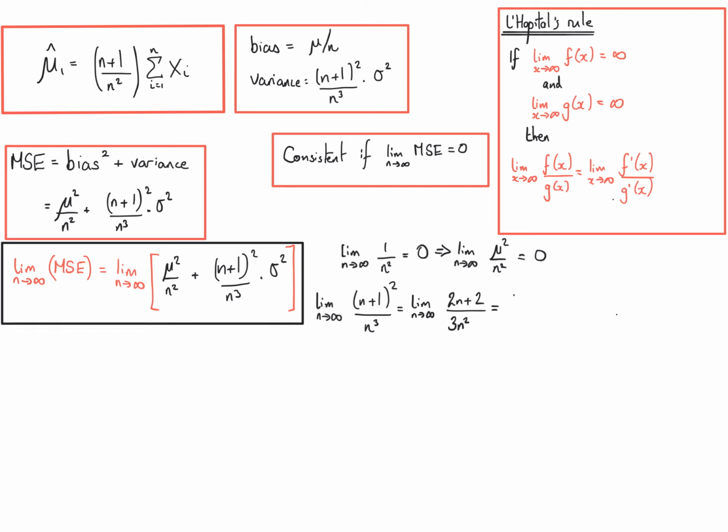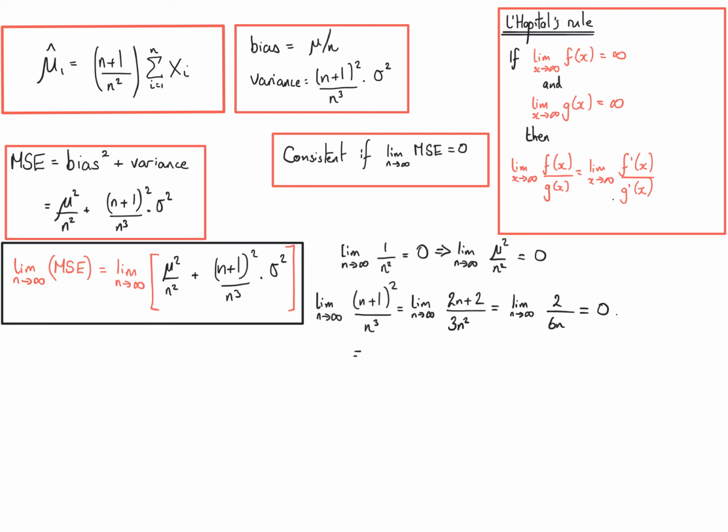But again, both 2n plus 2 and 3n squared tend towards infinity as n tends towards infinity, which means that we use L'Hopital's rule again. We're looking for the limit as n tends towards infinity. We differentiate the numerator, giving us 2. We differentiate the denominator, giving us 6n. But now it's fairly trivial to see that this limit, we've got a constant on the top divided through by something that tends towards infinity. This is going to be equal to 0.